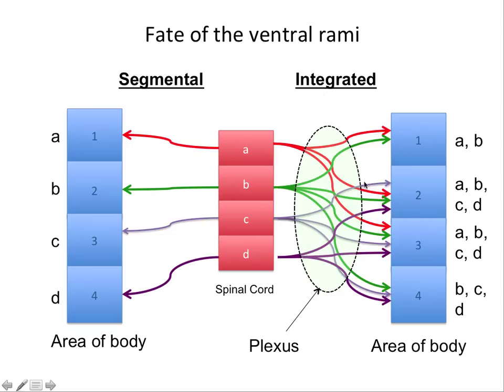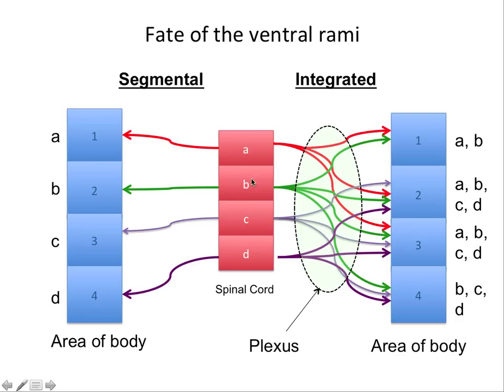And when they're integrated, they form what's called a plexus. This is where the axons of these ventral rami become all mixed up. So axons, say from section A of the spinal cord, this is just an arbitrary naming system, might end up in 1, 2, 3 different areas of the body.